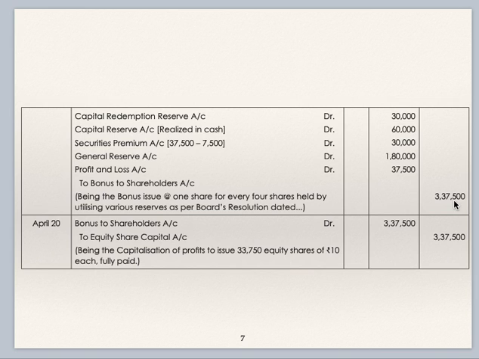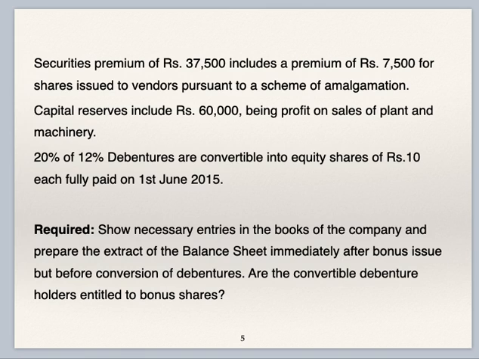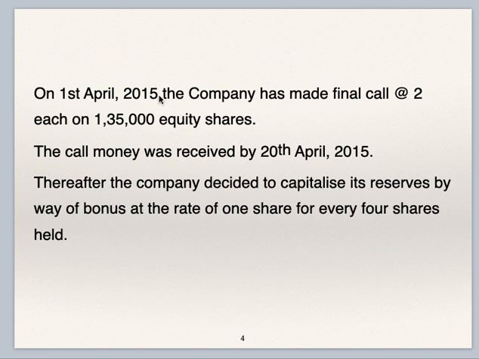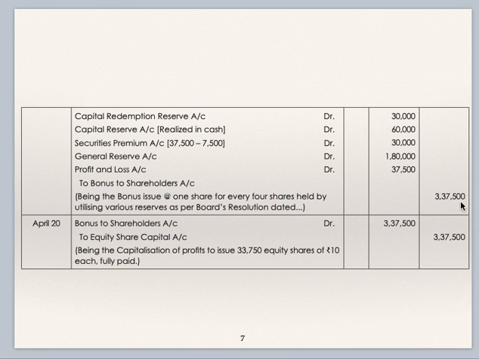3,37,500. Just now we have seen bonus shares are given in the ratio of 4:1. So for 1,35,000 shares, they are entitled to get 1,35,000 divided by 4, 33,750 bonus shares at 10, so it is 3,37,500.